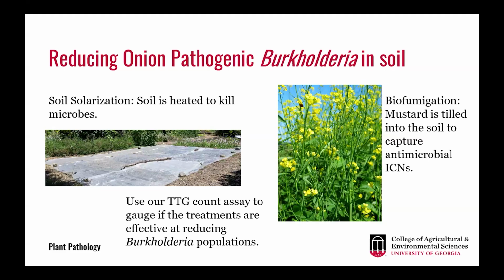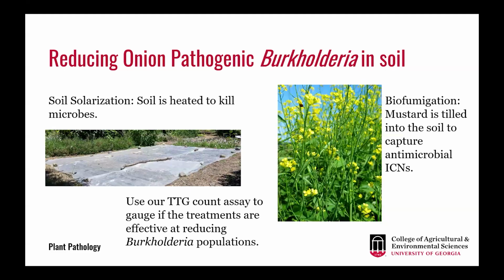You may be familiar with fumigation, where you take chemical fumigants and pump them into the soil to kill microbes that are present. Obviously, that's not going to be organic compliant. So instead, we use biofumigation. We use special breeds of mustard that have been bred to be very hot, with the mustardy chemicals, the isothiocyanates that give mustard its pungent flavor.